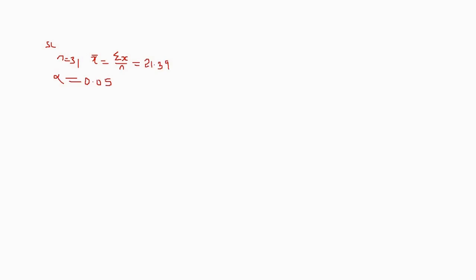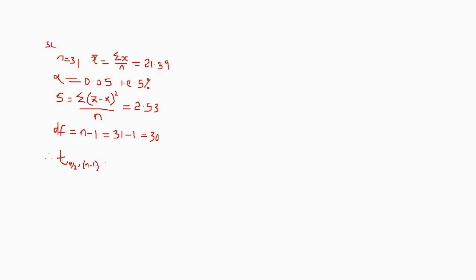The alpha given to us is 0.05, that is a 5% significance level. I also want to show the variance for the data, calculated from that formula, which gives me 2.53 as the answer. Then the degrees of freedom, from the number of samples, is 31 minus 1, which gives us 30.